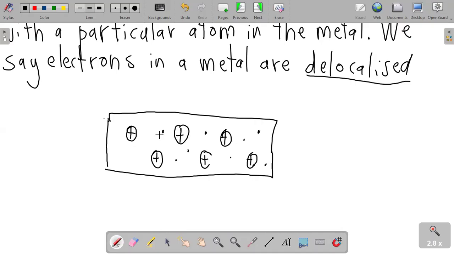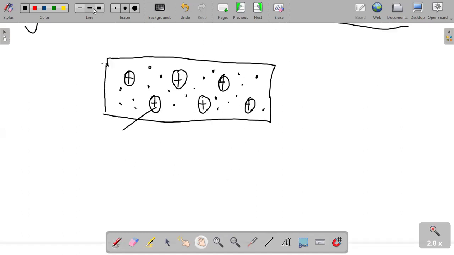The dots here represent electrons. The electrons are delocalized and can move freely within the metal. The ions are fixed, so here's the difference: the metal ion does not move, it's in a fixed position.